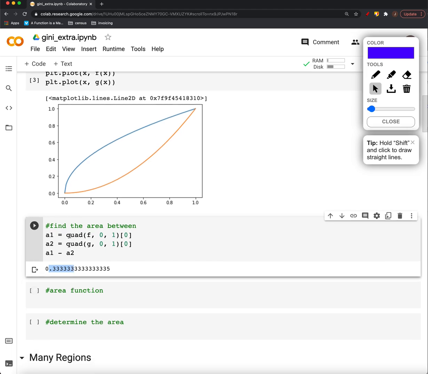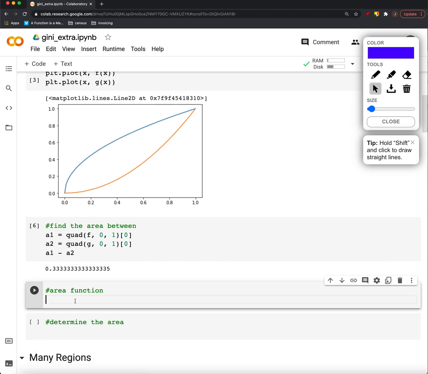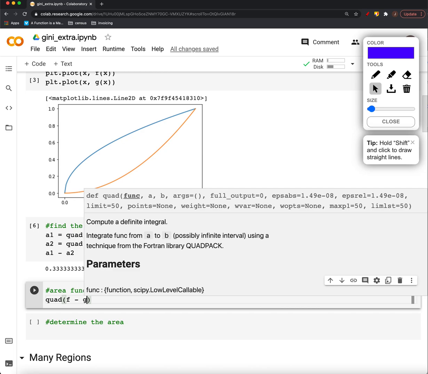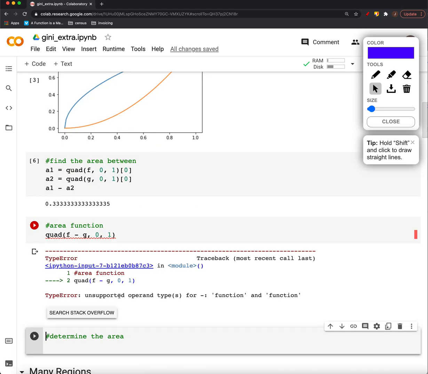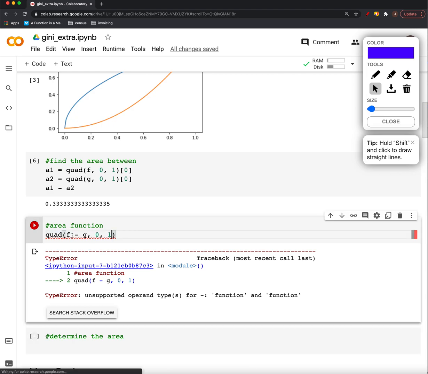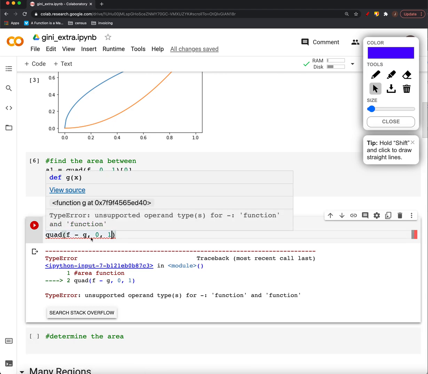And if we wanted to do this in one fell swoop, we can't quite say it like we want. If we call f of x and g of x, this will still give us an error.